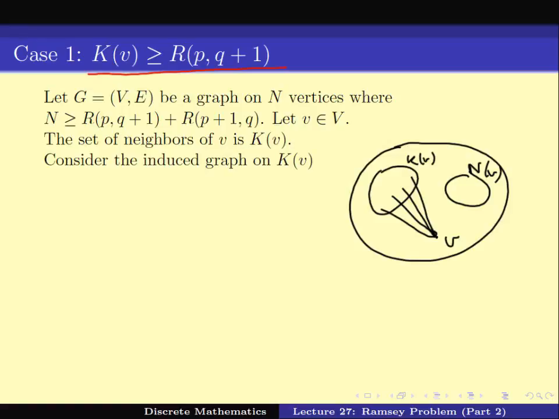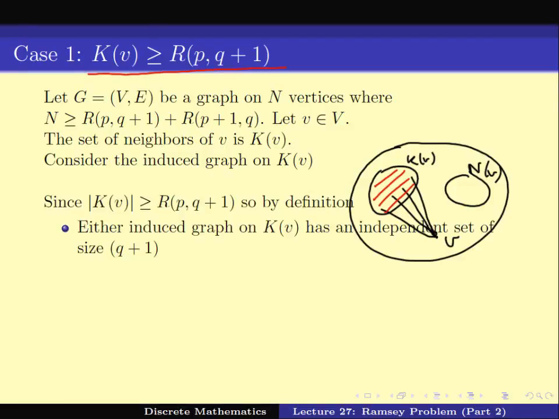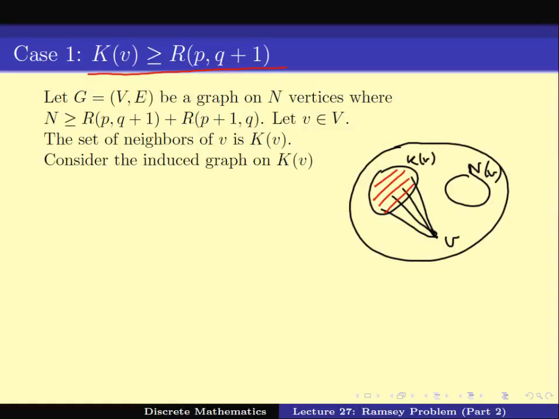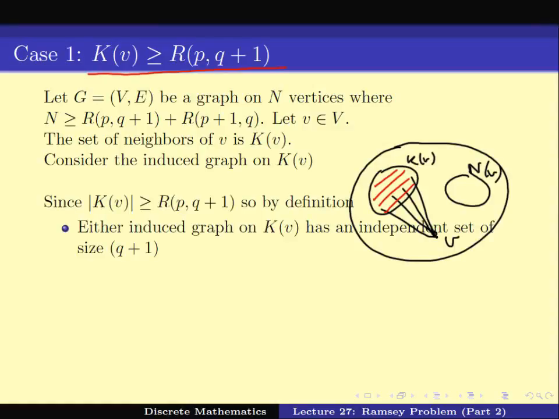What does it mean? If I look at just the graph on KV, then we have two options. Either KV has an independent set of size q plus 1, that's what this definition of R(P, Q+1) means.